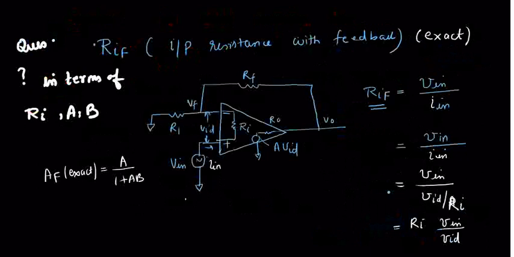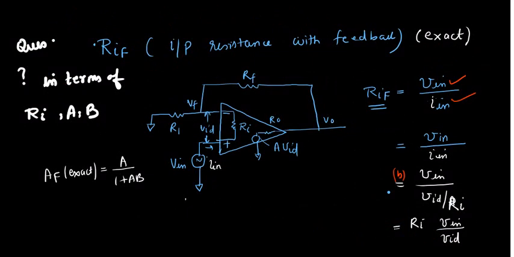So now, for this new configuration, what is your input resistance? The input voltage you apply, and there is a current that goes into the circuit. So this is your step B, that your I in is the differential input divided by Ri, and your input resistance with feedback is the input resistance without feedback, Ri, multiplied with V in divided by VID.